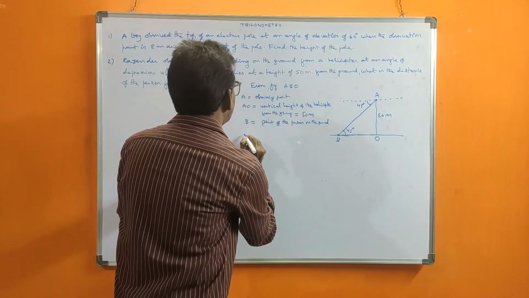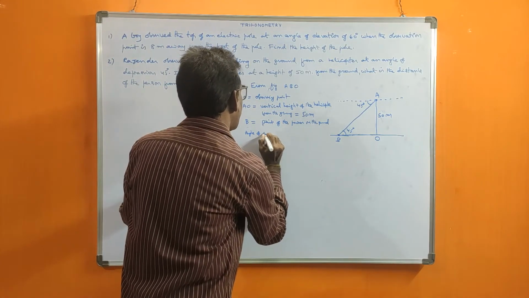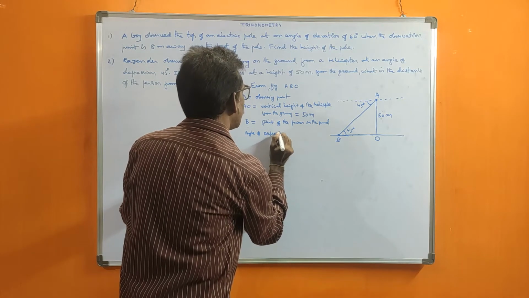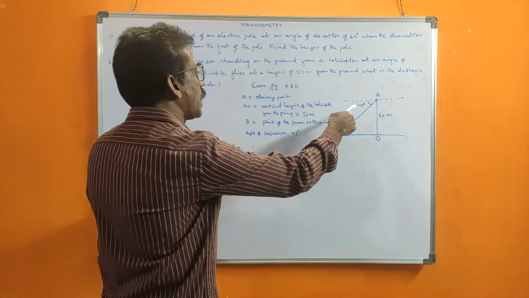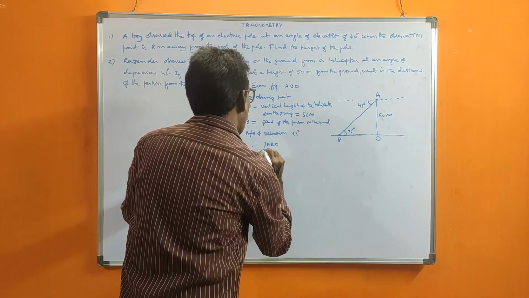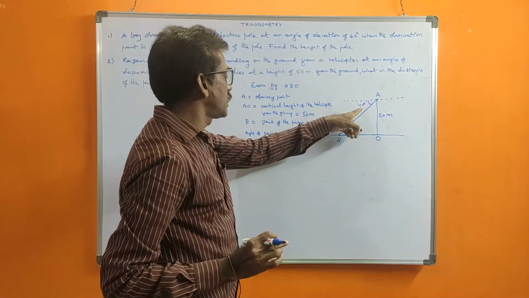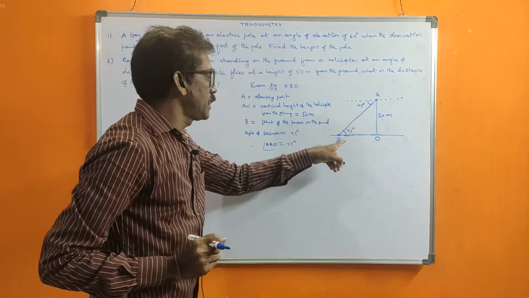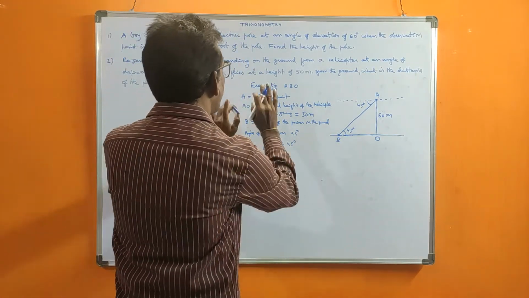Now, angle of depression. What? 45 degrees. Therefore, angle of depression given means angle ABO is equal to 45 degrees.